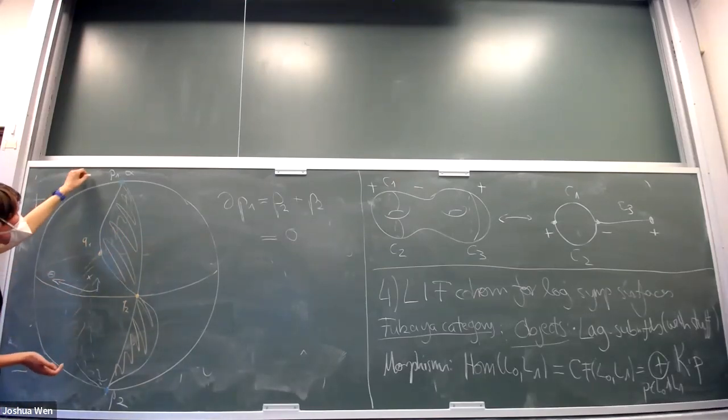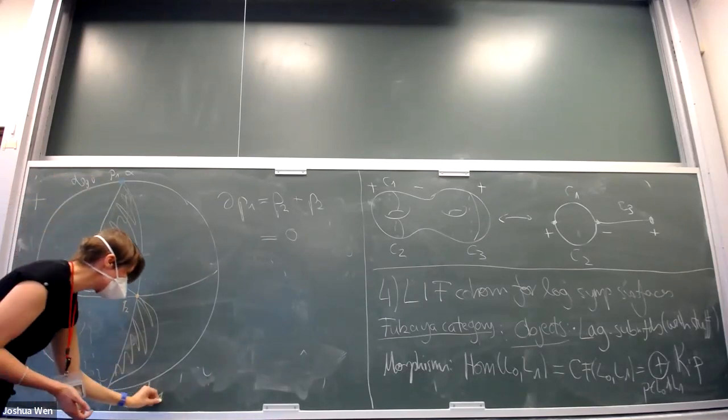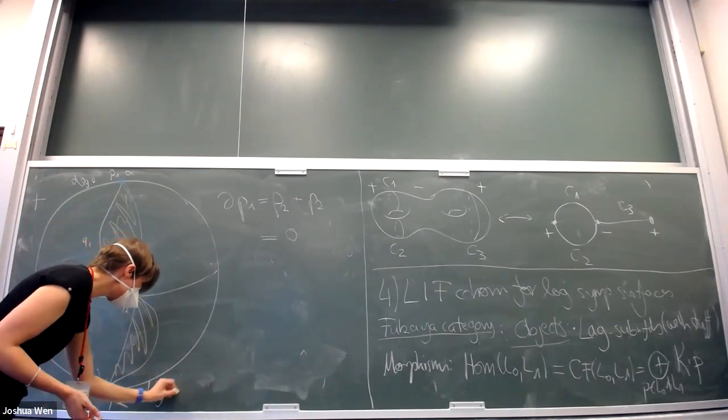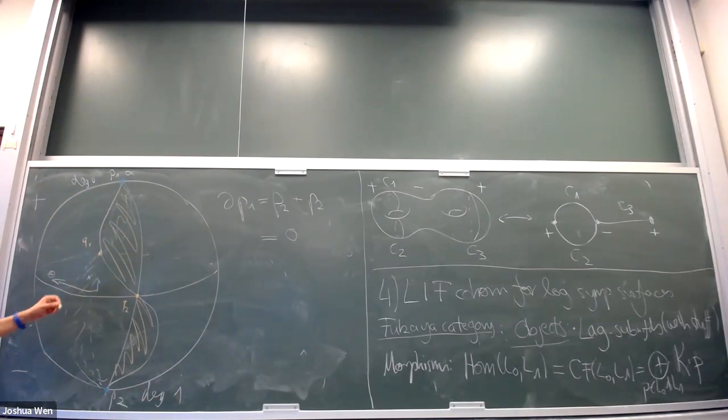So this is a degree 0 point. And this is the degree 1 point, as it should be, right? The differential increases degree. For reasons that right now are not 100% clear to me, the intersection points inside Z should also be degree 1.